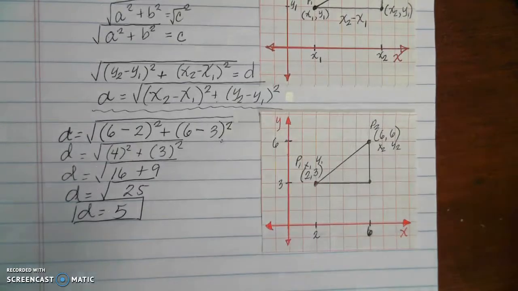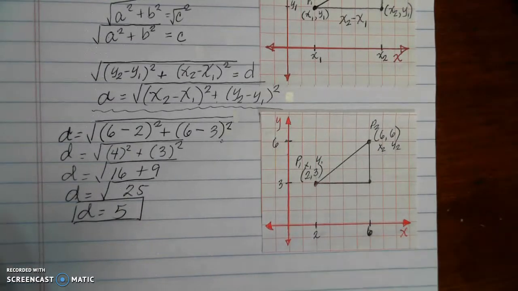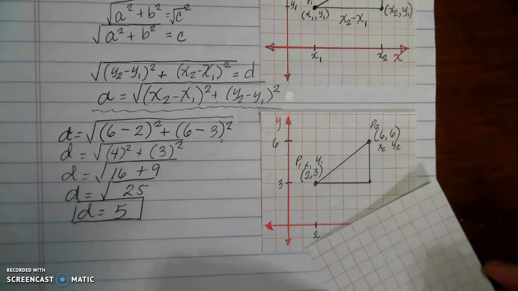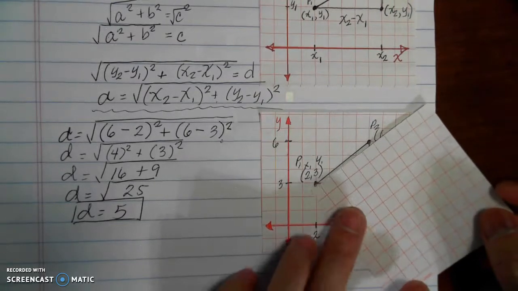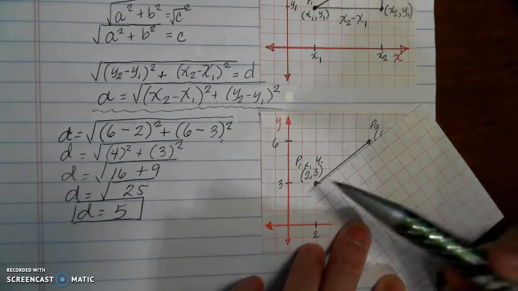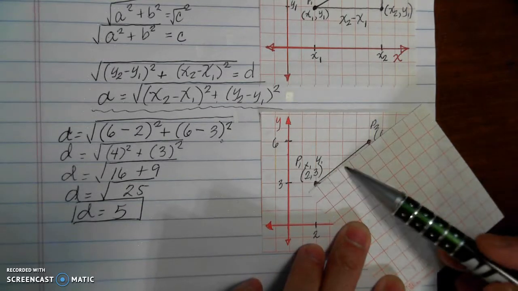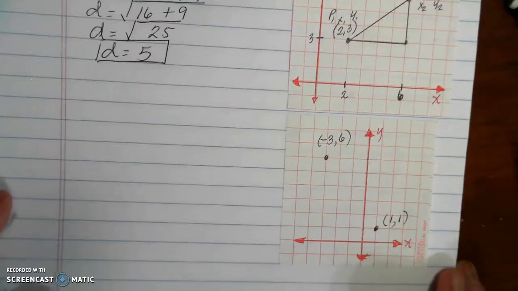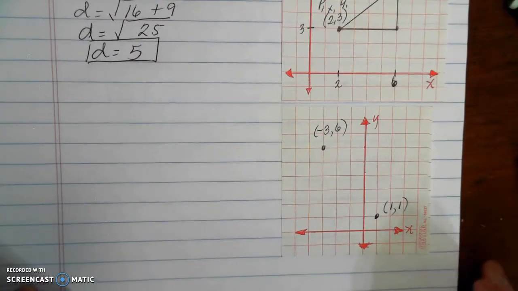And what that means is, if I get a grid and kind of measure it, it will show you that it is 5 because of 1, 2, 3, 4, 5 spaces right there.